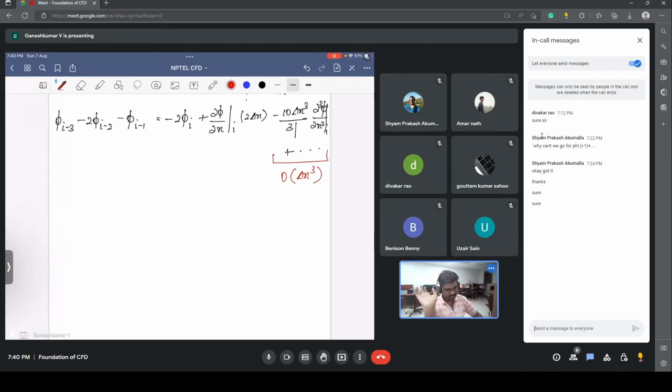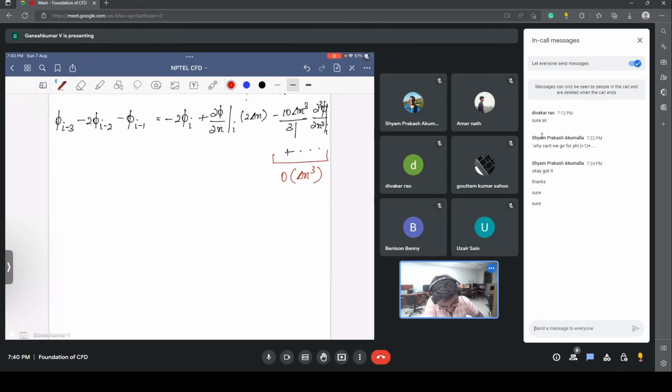That is what we are saying. So the order is represented like this, order of delta x cube. All other terms are going to be less than delta x cube, like delta x power 4, delta x power 5. We are not interested in those. Only the immediate truncated term is going to be in the order of delta x cube.